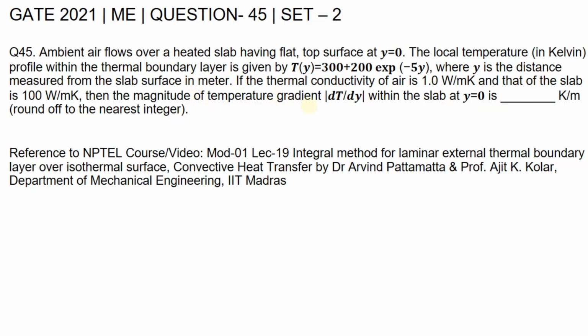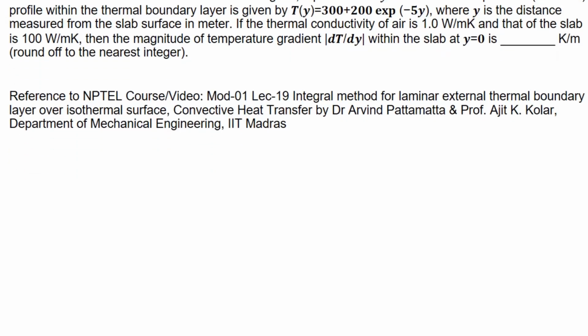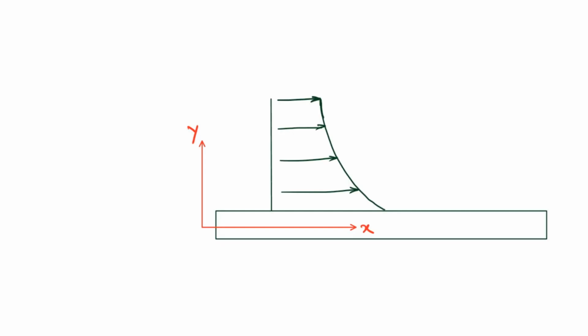To calculate the magnitude of temperature gradient, let's draw the thermal boundary layer over the slab. Let's say this is the thermal gradient present because of the heat transfer between the hot plate and the free stream fluid. This profile is given in the problem as a function of y, equal to 300 plus 200 e to the power of negative 5y.